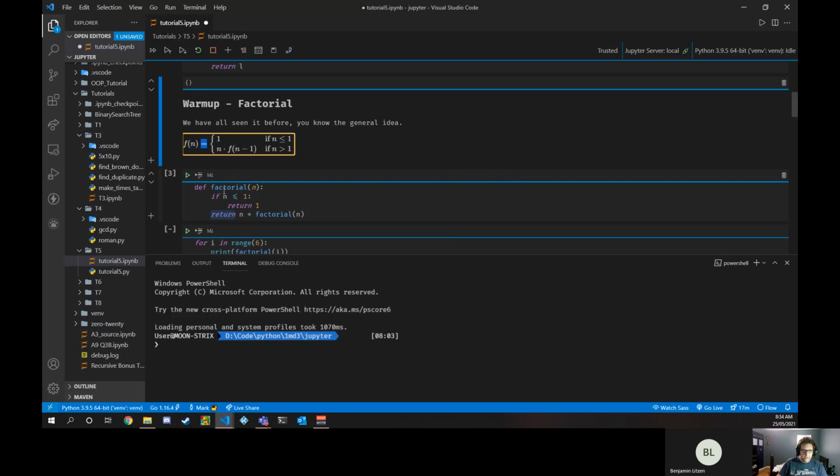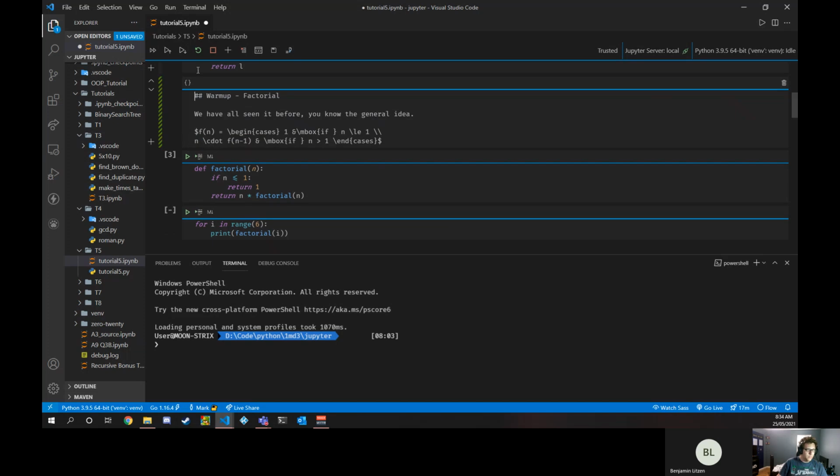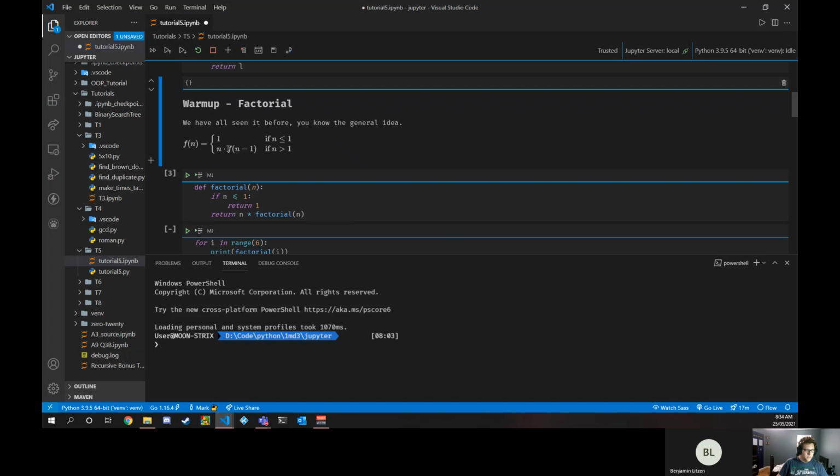That's not the case in code. If you're going to type return 1 for this guy because he points to the bracket, which points to the equals, then you're also going to have to do return n times factorial of n minus 1 because he also points to the bracket, which points to the equal sign. You always have returns.